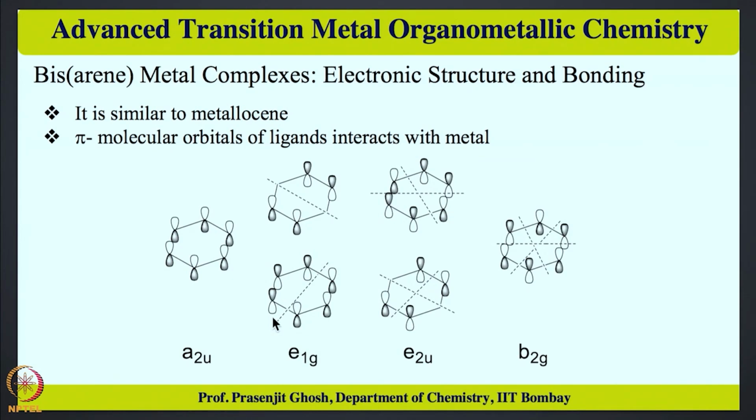So, we start off with the sigma interaction, which is shown over here. For example, for the A1G orbital, in these arene metal complexes we have 2 benzene rings of 6 p orbitals each. So, the A1G combination is something like this.